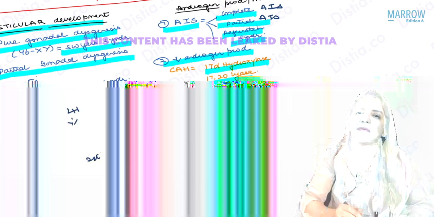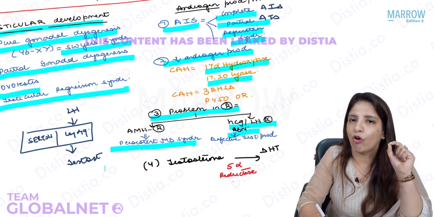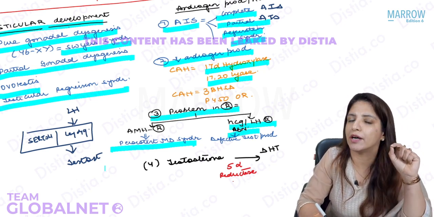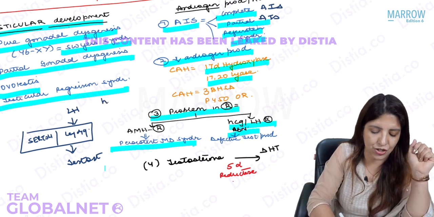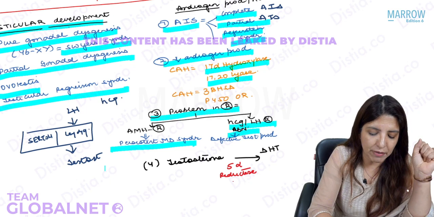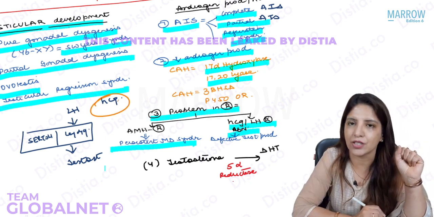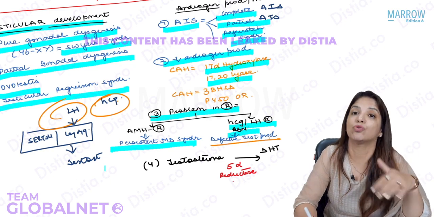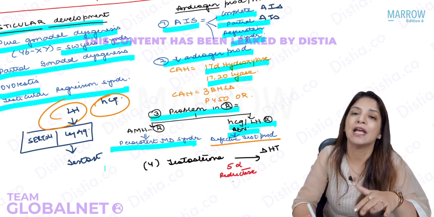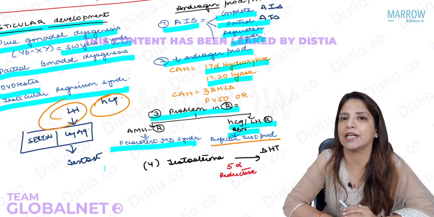It is the Leydig cells which produce testosterone under the influence of the hormone LH. But the first stimulus for the testes to produce testosterone is not LH. The first stimulus is HCG. So if there is a male in whom there is a problem with the HCG receptor or the LH receptor, it is going to lead to defective testosterone production, and again that is a type of DSD.